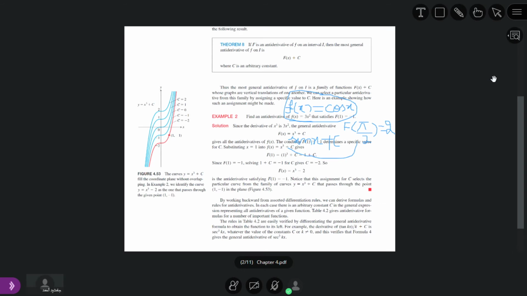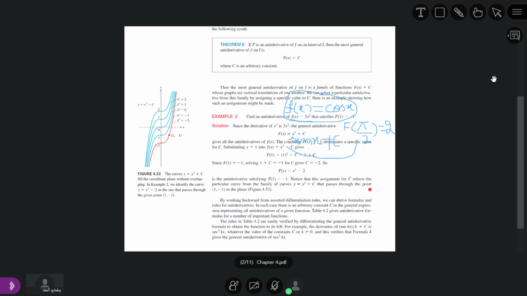You got my point? Okay. The antiderivative of cosine x is sine x plus some constant. So whenever we use f of pi by 2, sine pi by 2 is equal to 1. So we will get 2 is equal to 1 plus c. Whenever we shift 1 to the other side, c is equal to 1.